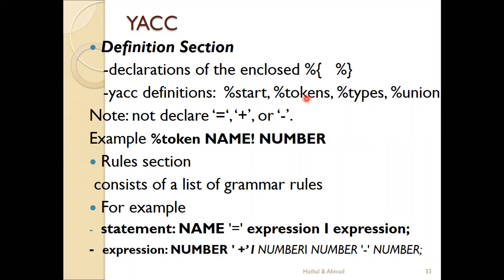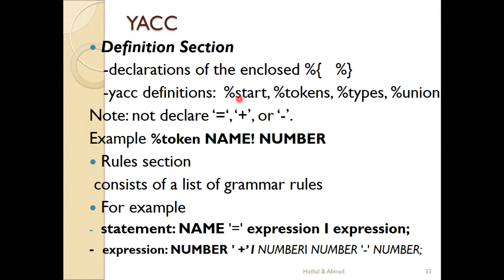If there are different tokens and each token has different types of values, then to specify the different types of the values of the tokens, percentage union is used. Similarly, to specify the data type of a token, percentage type can be used. So these are the options available.